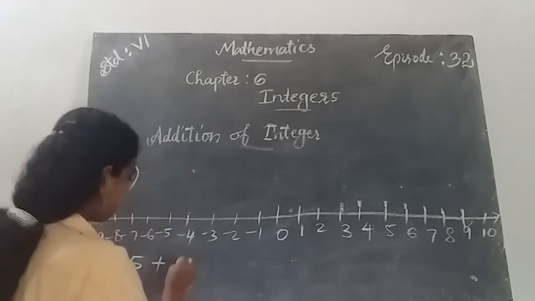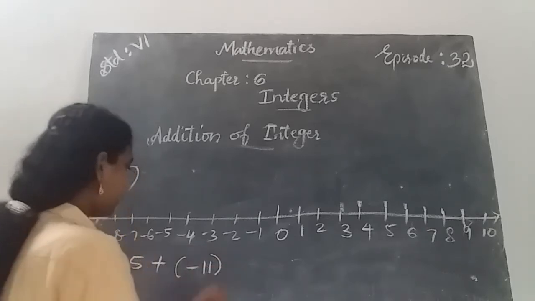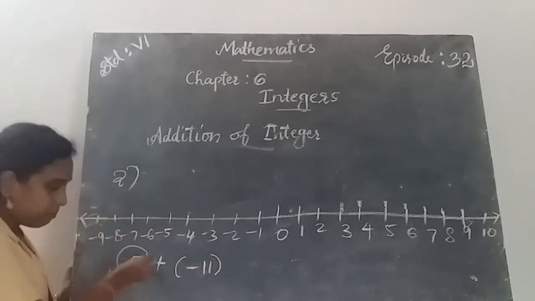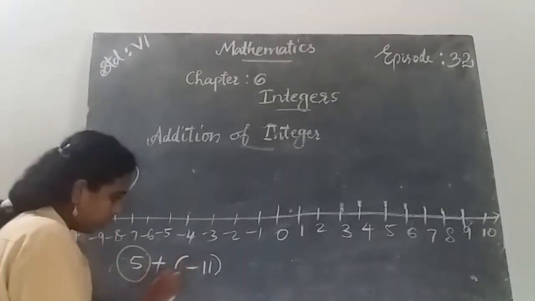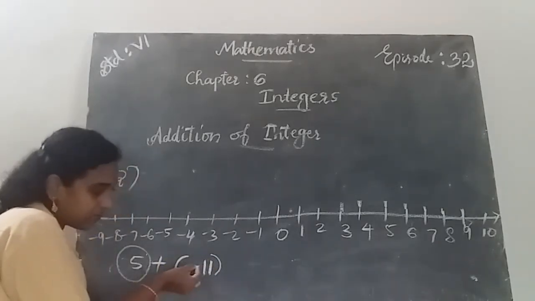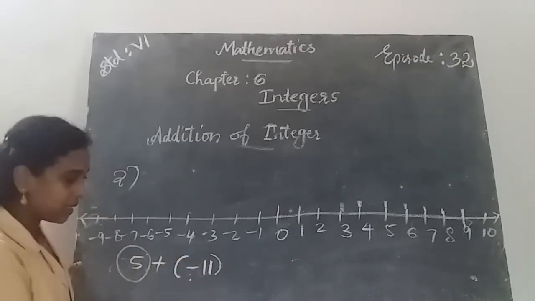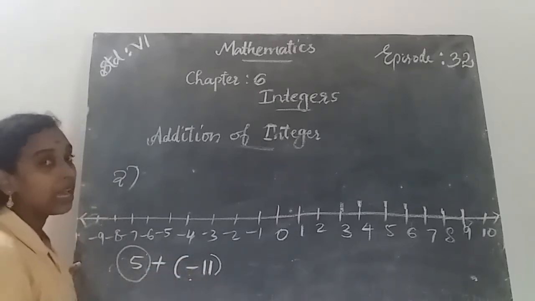5 plus negative 11, which means we start from 5. Then we move 11 steps towards which direction? Left direction. Here the negative sign represents left direction.